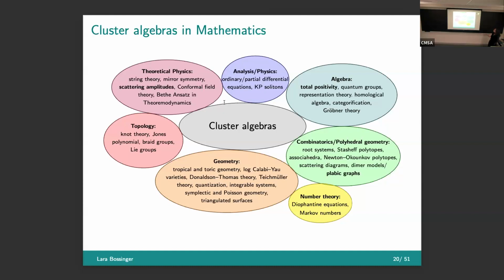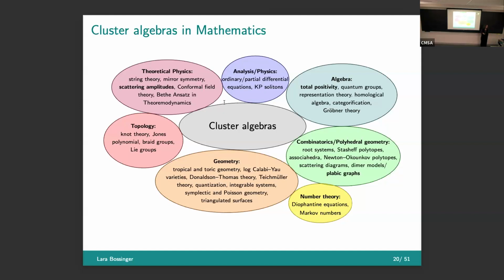I've marked the ones that come up more: scattering amplitudes, total positivity, and plabic graphs. These are the topics we're touching on in these sections. If you have more bubbles to add, I'd be happy to hear, because the area is really growing fast, and it's hard to keep track of all the applications that are coming up.